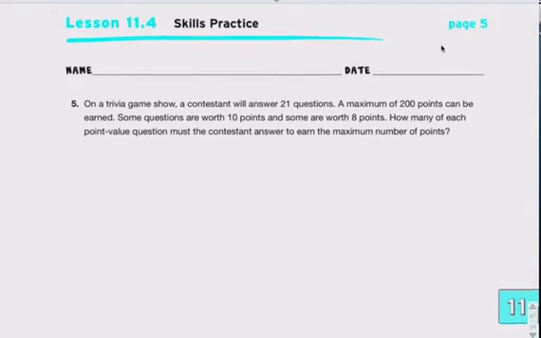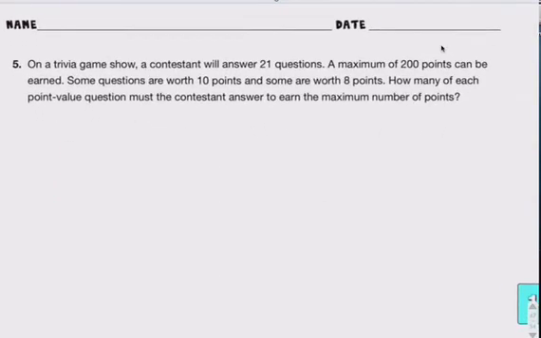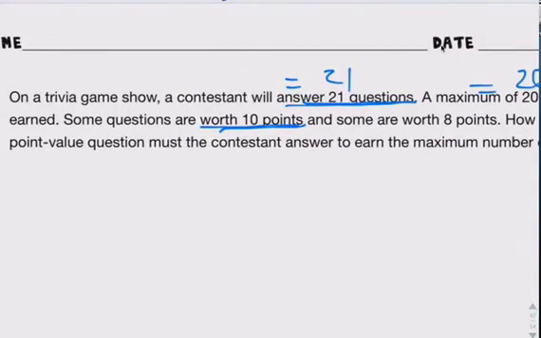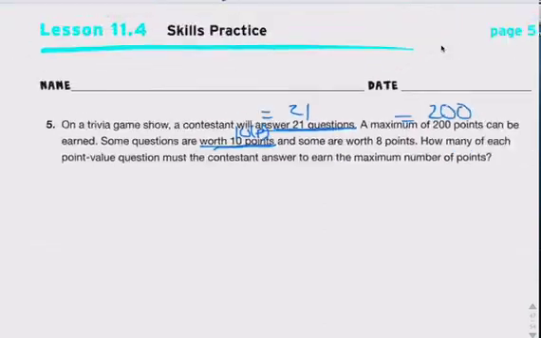Okay, number 5. A trivia game show contestant with 21 answers. Okay, so there's a total of 21 answers. A maximum of this much, so the points equal 200, can be earned. Some questions are worth 10 points each, and some are worth 8 points each, and means plus.